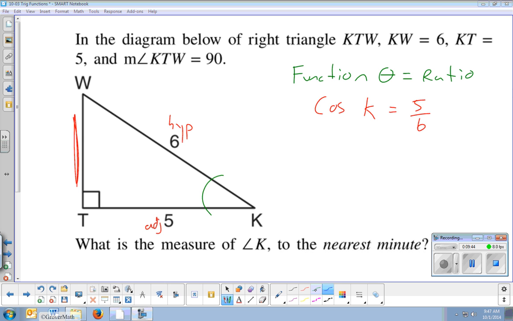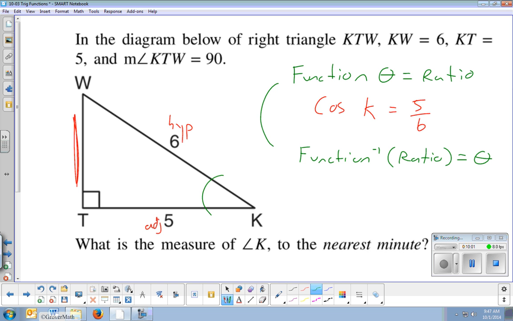And so we can change function theta equals ratio into inverse function. Remember, the inverse symbol is like a -1 looking exponent. That stands for inverse function ratio equals theta. So these two equations go together, and they both need to be known. The function of the angle gives the ratio, and the inverse function of the ratio gives the angle.